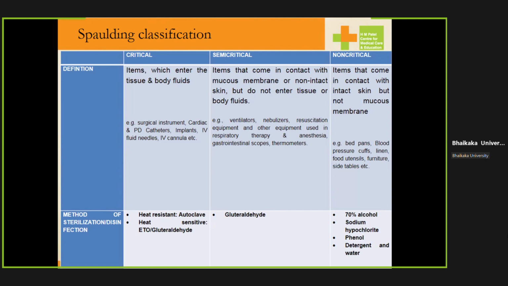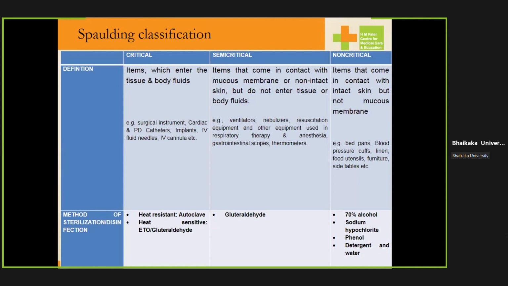So the Spalding classification. This classification, as I said, remember this classification. It's a very easy method to identify a method of sterilization or disinfection, not only from exam point of view, but also when you are practicing in future as a doctor. Right, so this is all about today's session. What we have seen today is what is the significance of disinfection, what do we mean by disinfection, what are different definitions that were used in context with sterilization and disinfection.